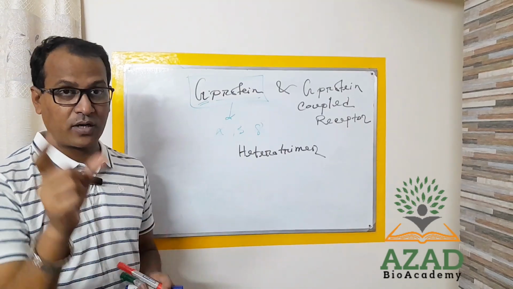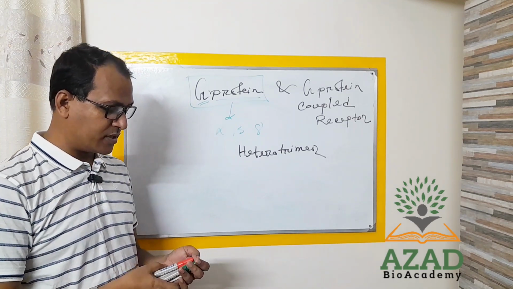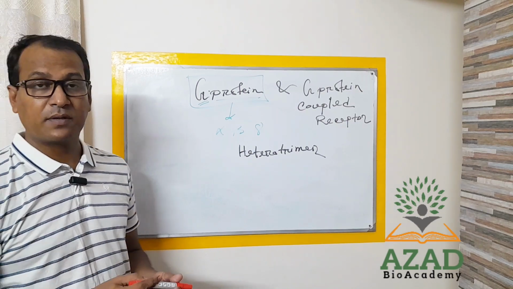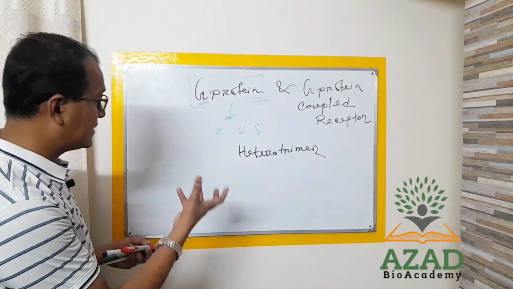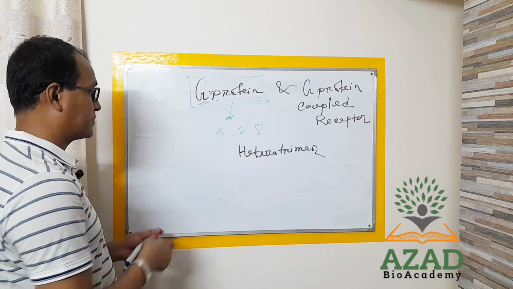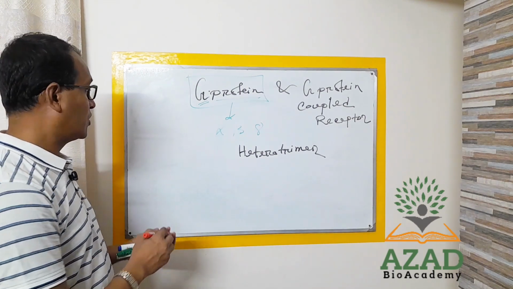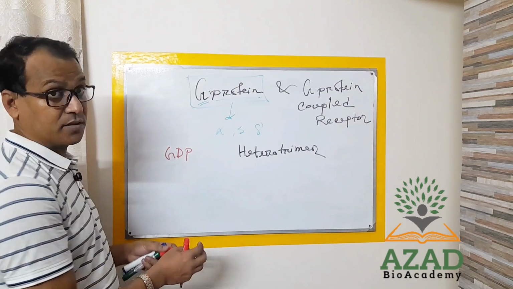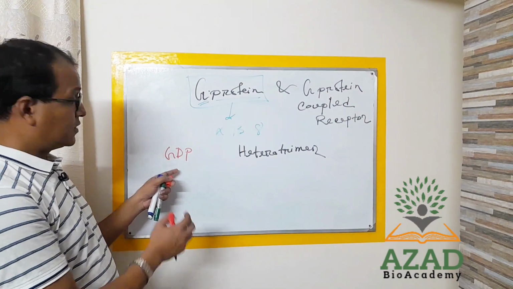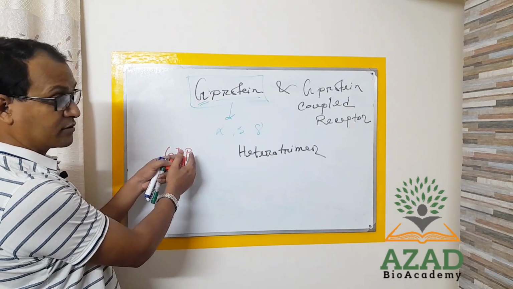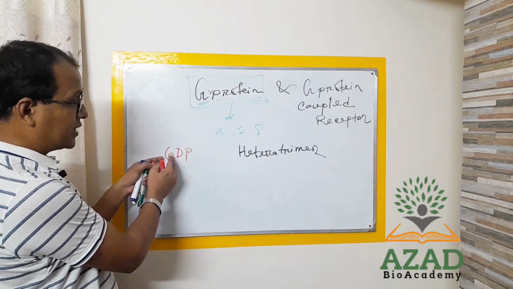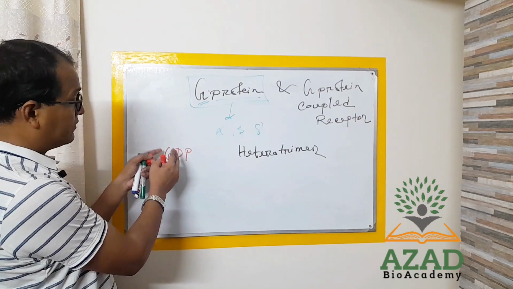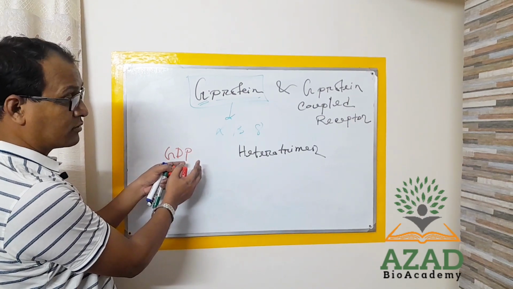What is G? Why does G come here? G means guanosine. Initially the heterotrimer protein is associated with GDP, that is guanosine diphosphate. The nucleotide guanosine diphosphate: the nitrogenous base guanine binds with the sugar and phosphate, and that turns into the nucleotide.